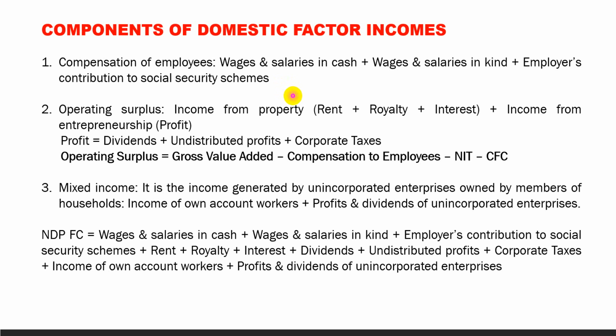It is the largest component of compensation of employees, and this includes basic pay, dearness allowance, cost of travel to and from work, bonus, sick leave allowance, commission to sales staff, gratuities, etc.